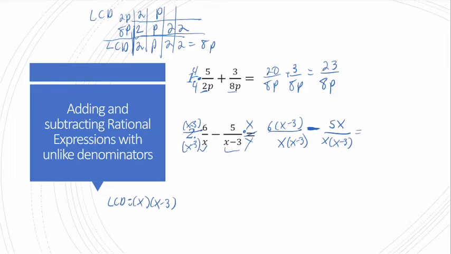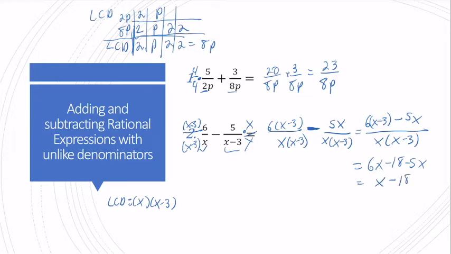So now I have 6 times x minus 3 minus 5x all over our common denominator of x times x minus 3. Well, I need to go ahead and simplify this numerator. So I get 6x minus 18 minus 5x. That's going to give me x minus 18 over x times x minus 3.